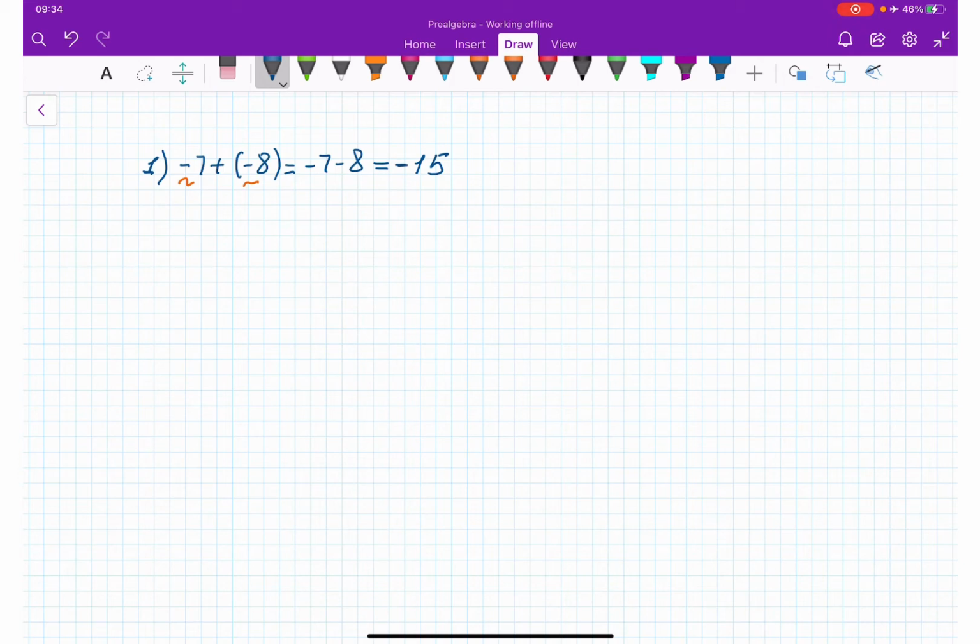Okay, when you have two negatives, you add the numbers, 15, and you put a negative sign, because both of them are negative. I'm going to make a template for adding and subtracting numbers with signs. Okay?